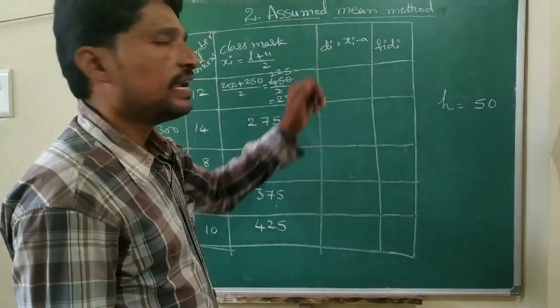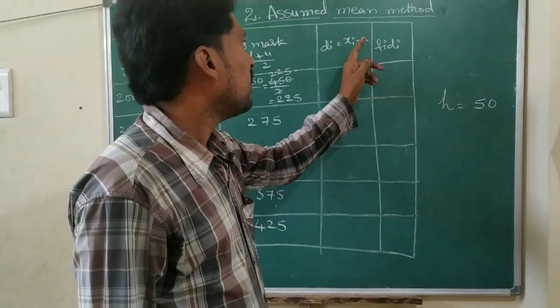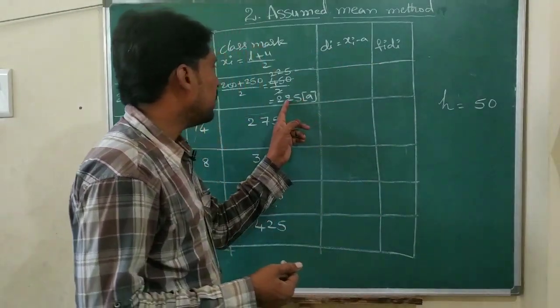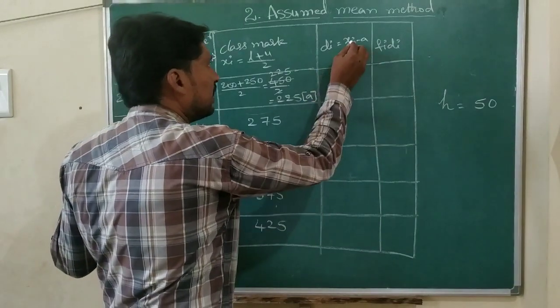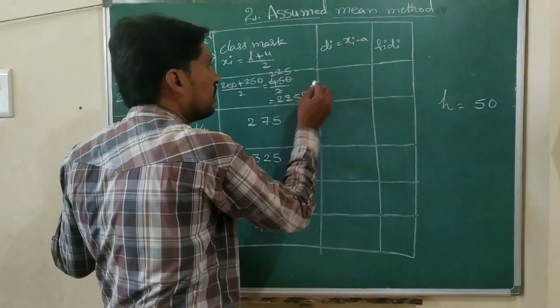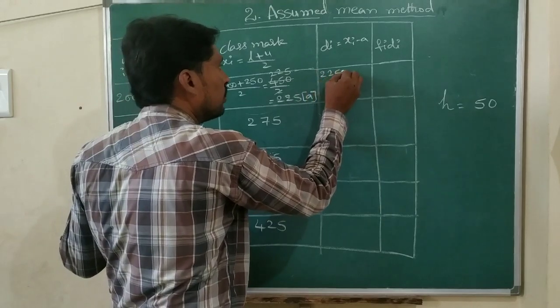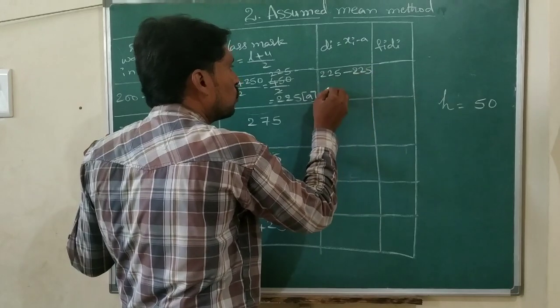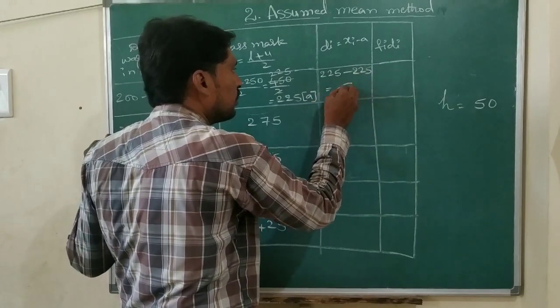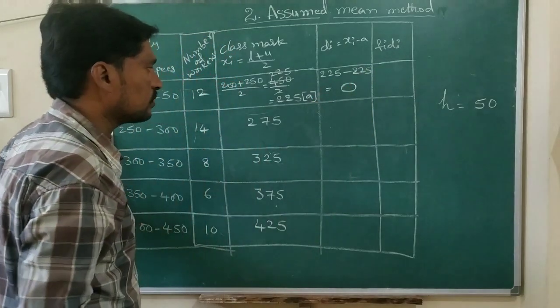Now we need to find di. Di means xi minus a, taking a as 225. For the first class, xi is 225 minus the assumed value 225, that value is 0.